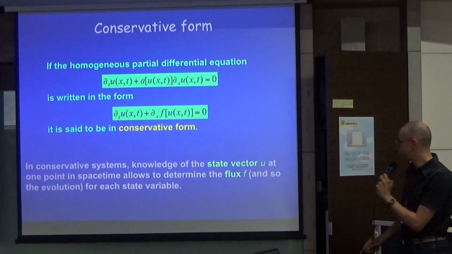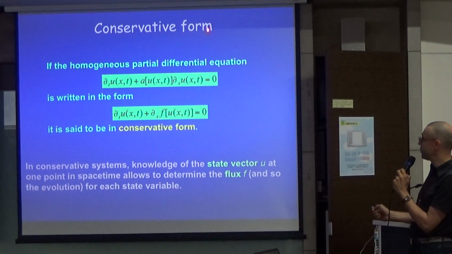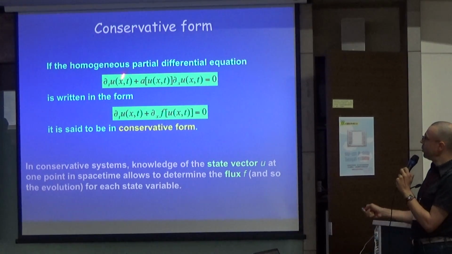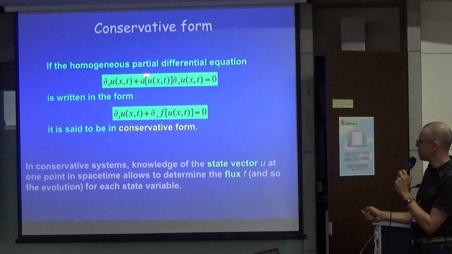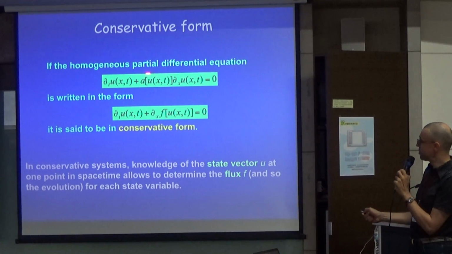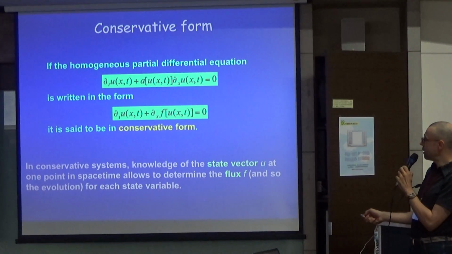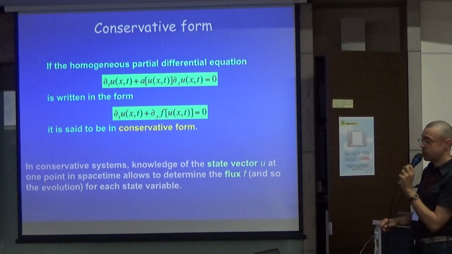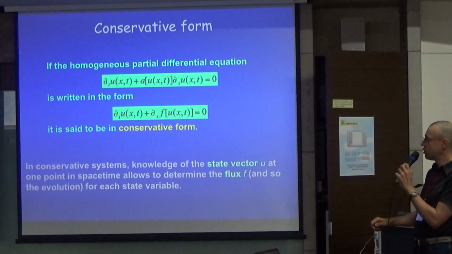Now, let me introduce to you conservative systems. We take homogeneous partial differential equations. This is written in a generic way. But if we can write it in this other way, so if we can take this function, this matrix in more dimensions, into the space, then we can call this a conservative equation, an equation written in conservative form.